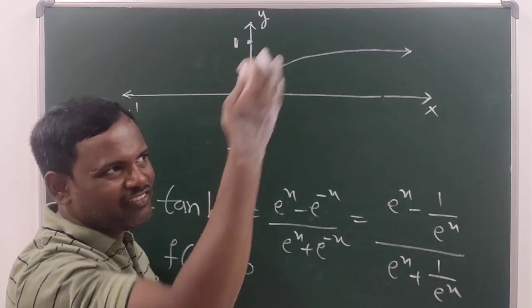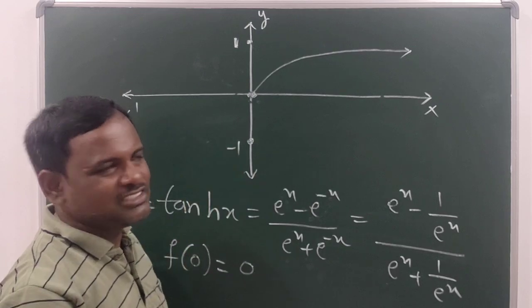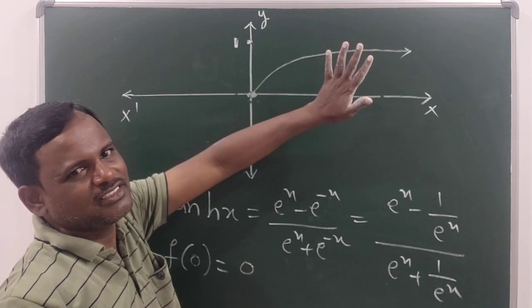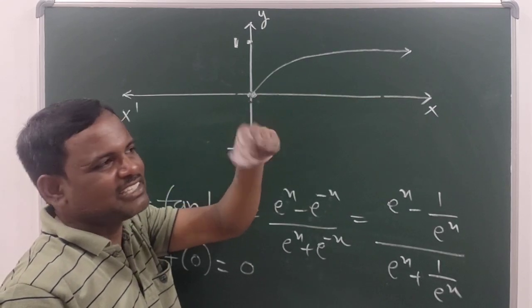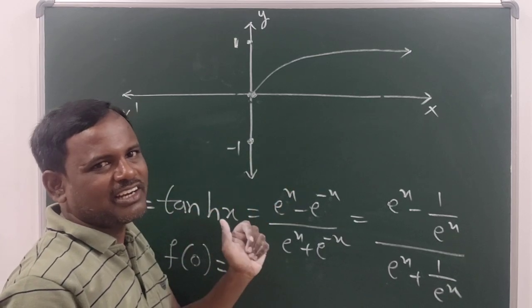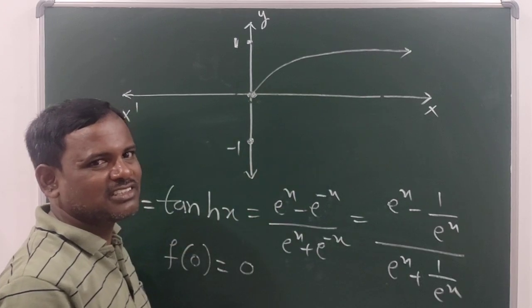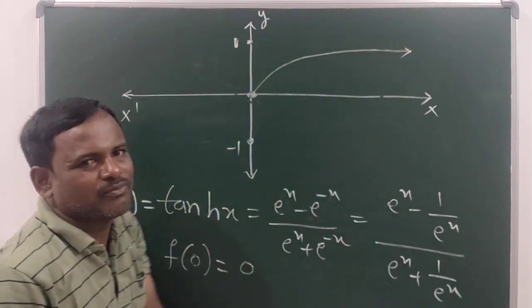It is a tangent which touches the curve at infinitely far distance. You can say it as asymptote, but not tangent. You know the difference between asymptote and tangent. Tangent means an exact point of touching, a point of contact we can recognize, but an asymptote may touch but we cannot recognize it. So y equal to 1 is the asymptote for this curve.